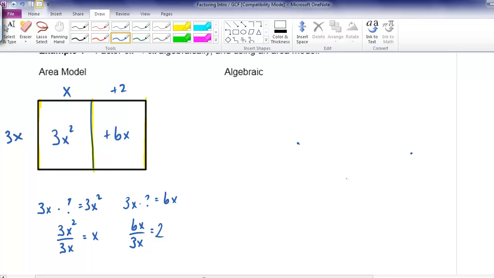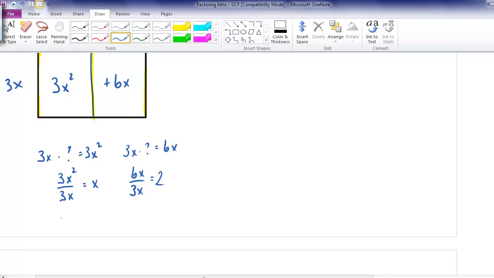Okay, so there's the pictorial, and I just want to remind you that, again, we want to take out the biggest piece that goes into both the pieces inside, and as a check, we want to make sure that the other dimension is prime. So what we can say then is 3x squared plus 6x can be written as a product of this piece times this piece.